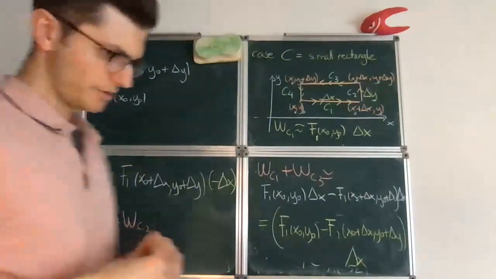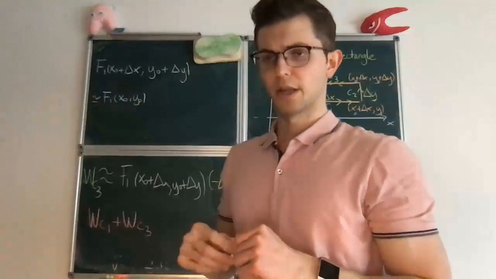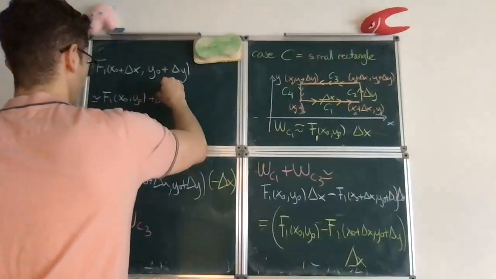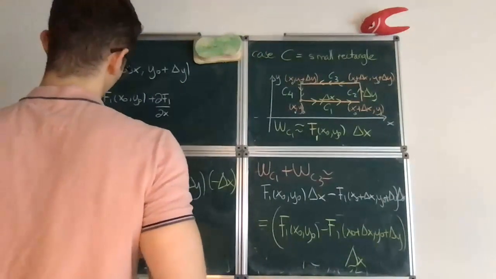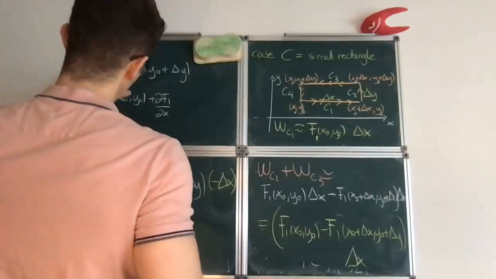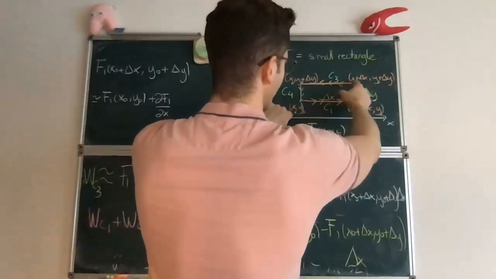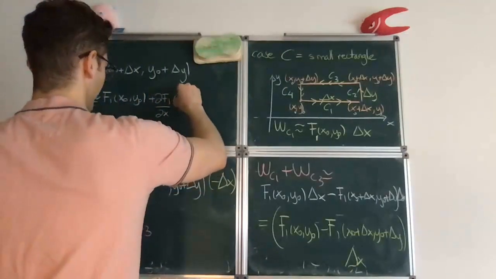In the usual Taylor theorem, you would have the first derivative times the length of the interval. In this case, there are two derivatives, so you would put the first derivative of F1 with respect to x times the length of the interval. So the length of the interval in the x component is x naught plus delta x minus x naught. So let me just write it like that.